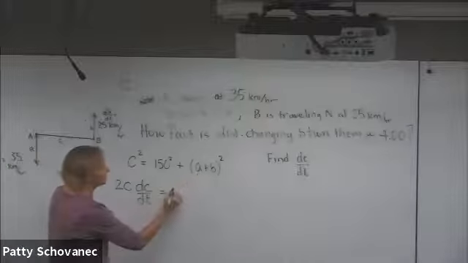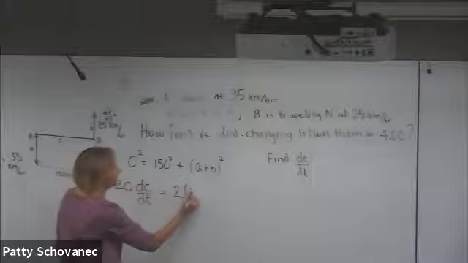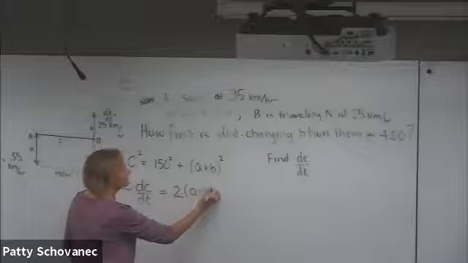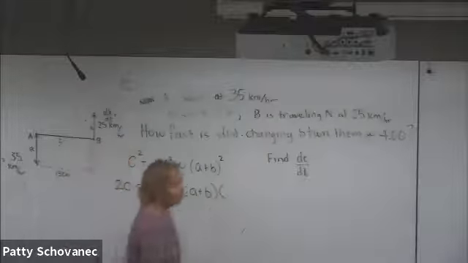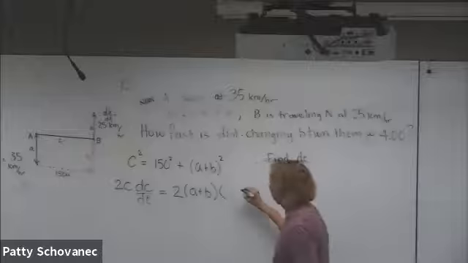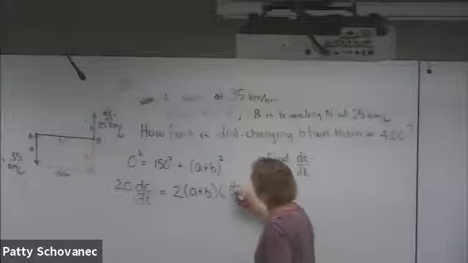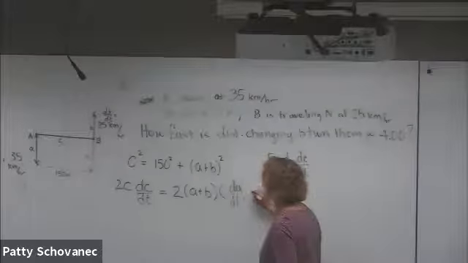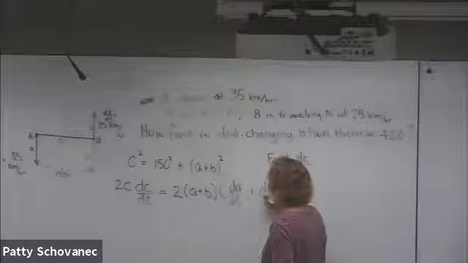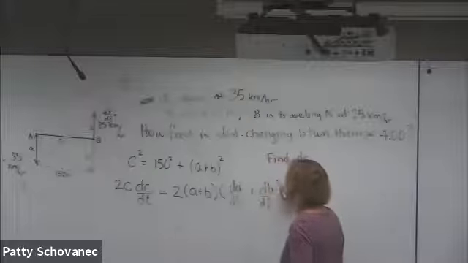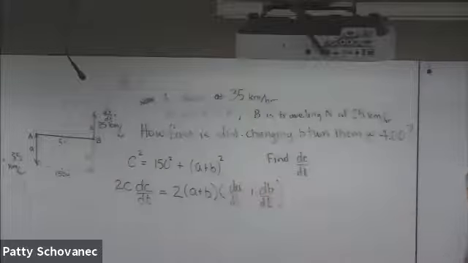Now we'll use the power rule here: 2 times (a plus b) to the first power times the derivative inside. We'll have dA/dt plus dB/dt. Now we need A, B, and C.